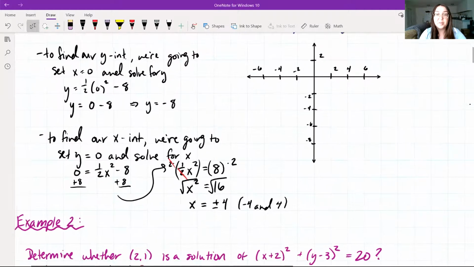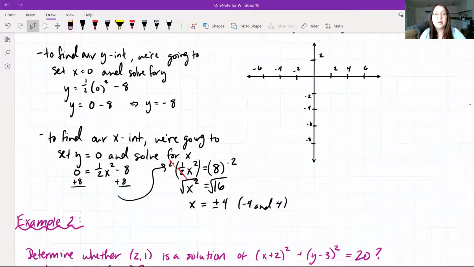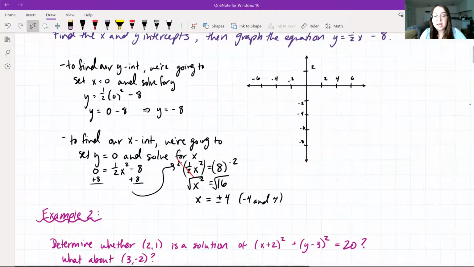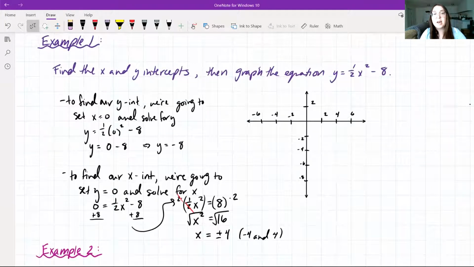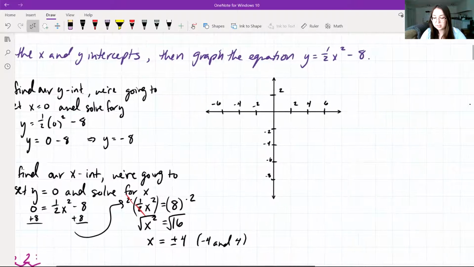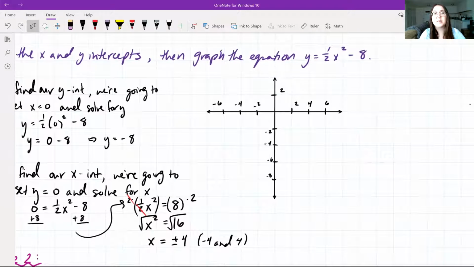All right, so we found our y-intercept, and it turns out that we have 2 x-intercepts. And this makes sense because since we have y equals some variation of x squared, this means we're going to have a parabola or a U-shaped graph. So we can start by graphing our intercepts. It's always a very important part, so let's do that first. So let's pick red here.